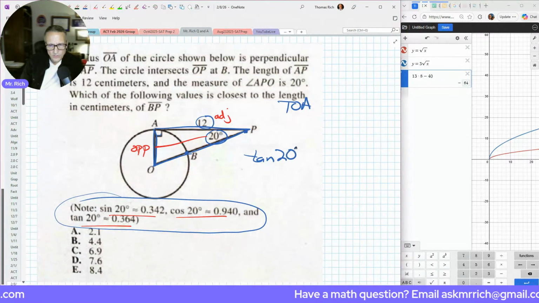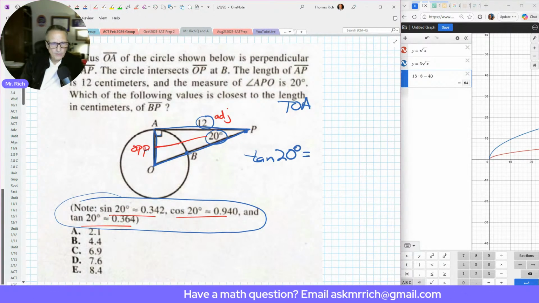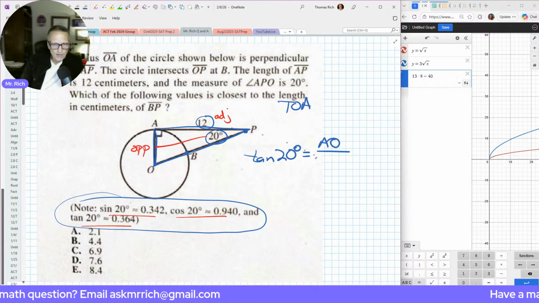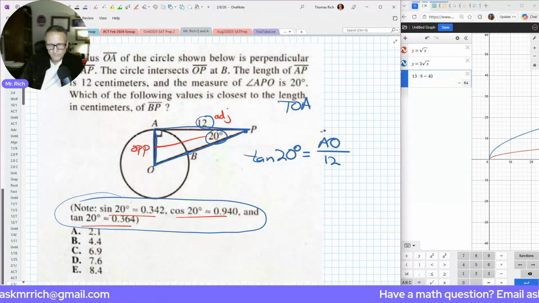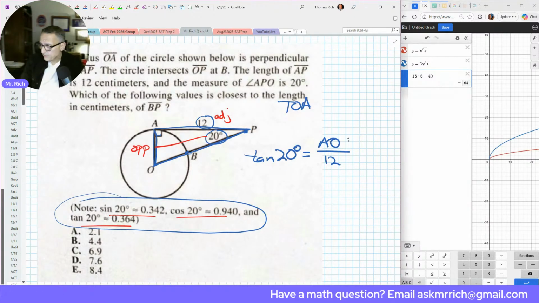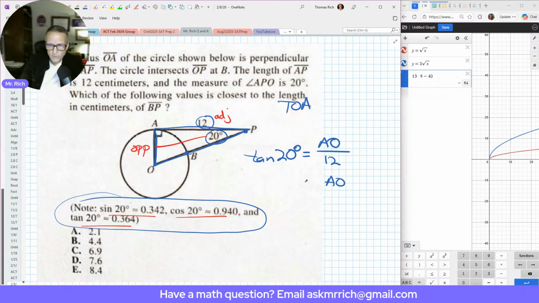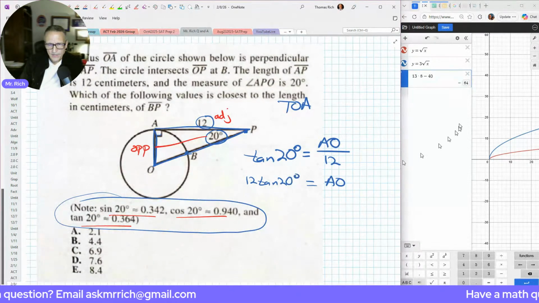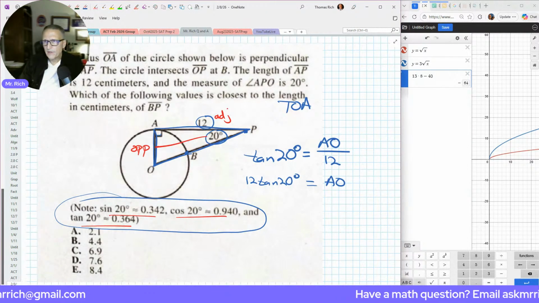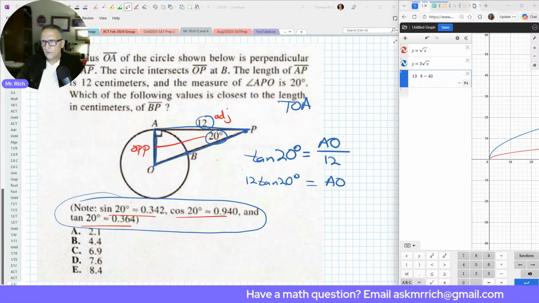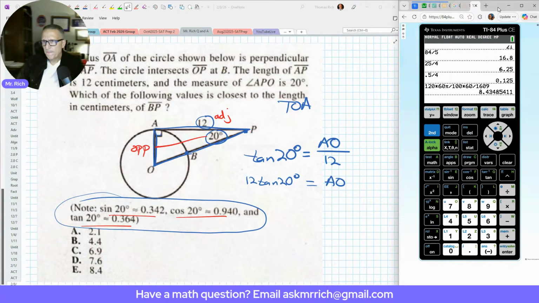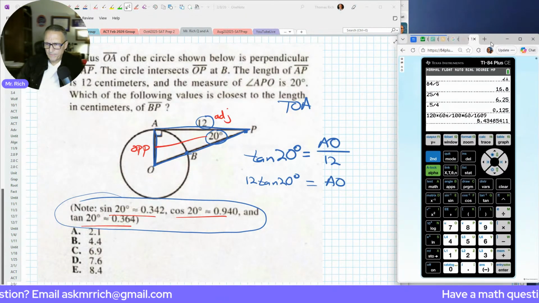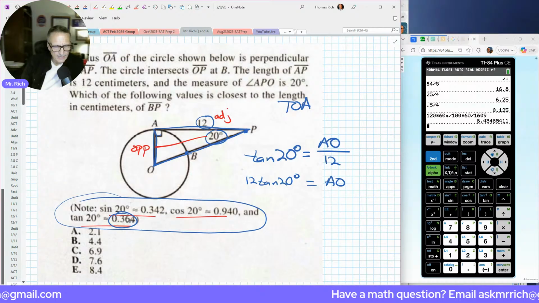So I can write this relationship here. The tangent of 20 degrees is equal to the opposite side, which is the length of segment AO, divided by the adjacent length, which is 12. Just doing one algebra step allows me to solve this for segment AO. It's going to be 12 times the tangent of 20 degrees. Now, I'm not going to use my calculator here, right? I would have my TI-84 pulled up right here, but I definitely would not be using that here because they gave me the 0.364.